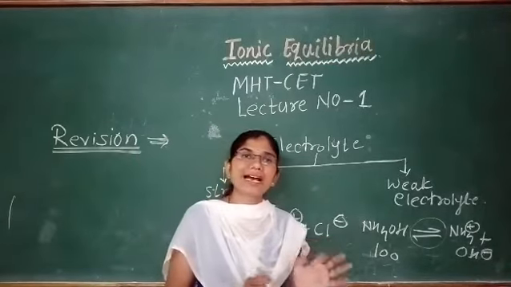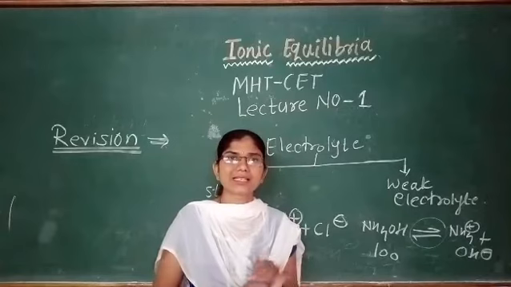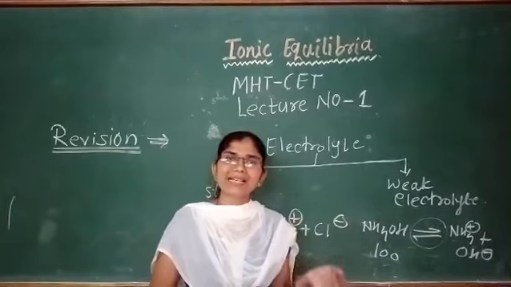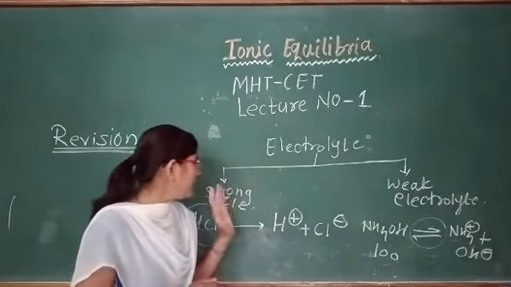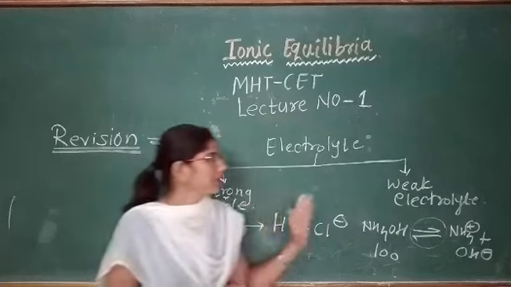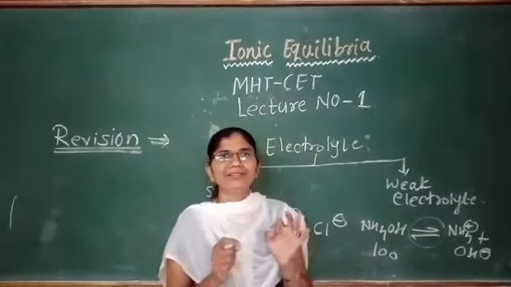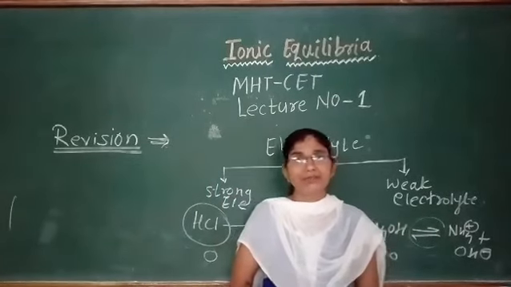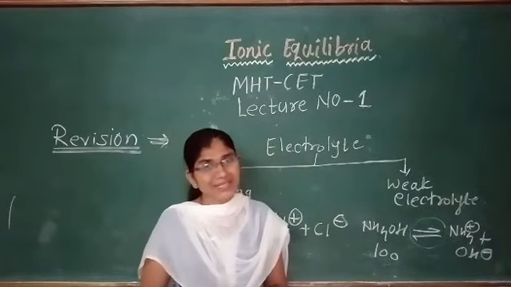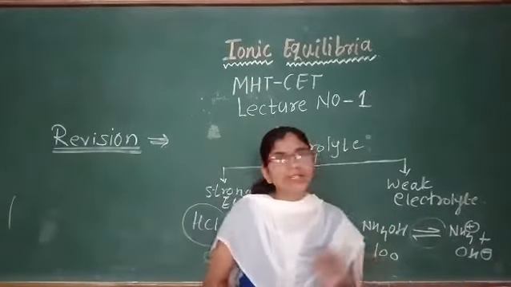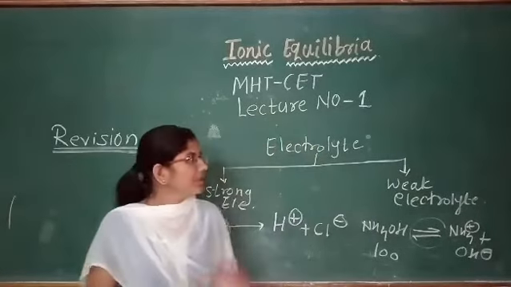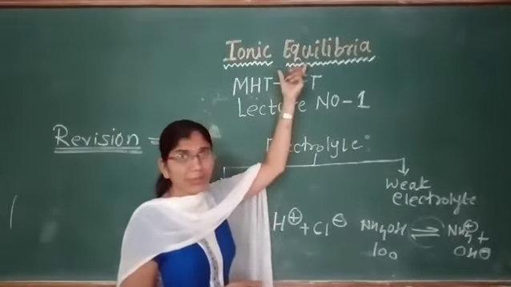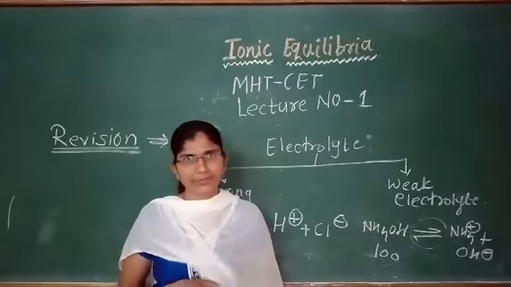All strong acids, strong bases, and all the salts derived from acids and bases are strong electrolytes. Weak acids and weak bases are weak electrolytes. So this is the introductory part of the topic ionic equilibrium.